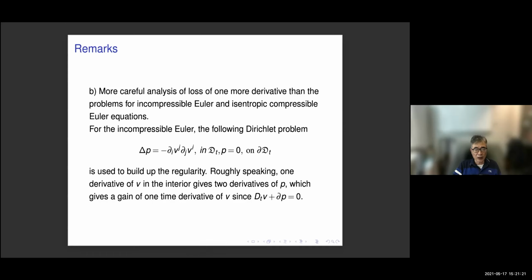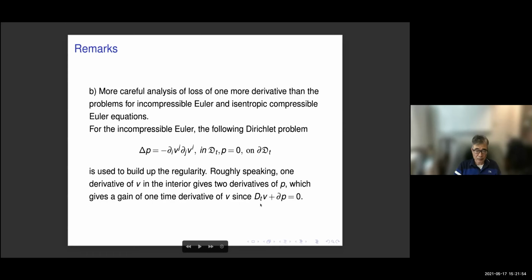This Dirichlet problem is crucial to build up the regularity. So roughly speaking, if the boundary is smooth, then for this problem, one space derivative of v gives two derivatives of p, but again coming back to the momentum equation, dtv plus gradient p equals 0, so then v gains one time derivative.